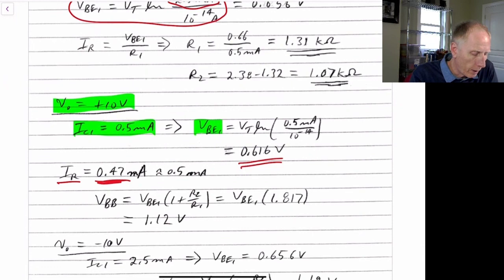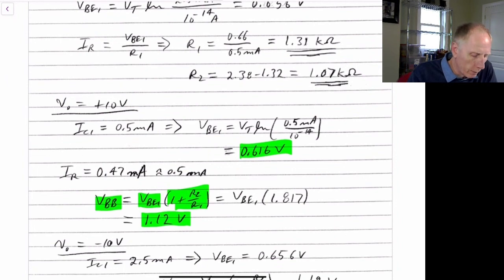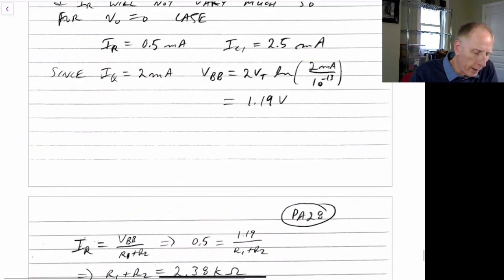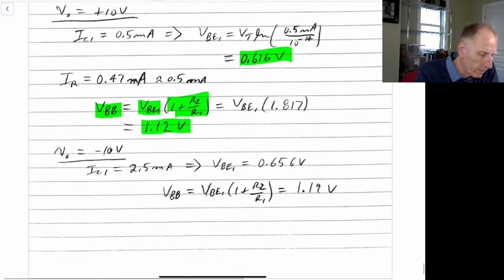So it's changed by a small amount, which we expected, but it did not change too much. And our VBB is equal to VBE1, which is this value, times 1 plus R2 over R1. And so it becomes 1.12 volts. So if you recall, before it was 1.19, and now it's dropped to 1.12 when it goes to 10 volts as an output.